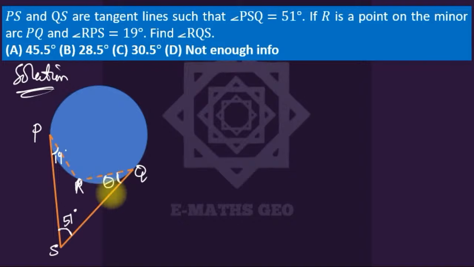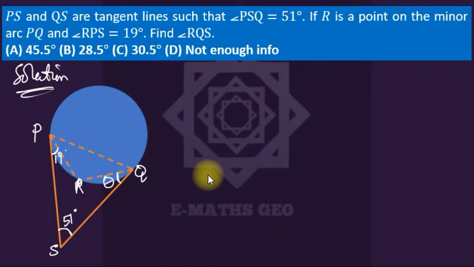So to solve it, since I'm seeing P, R, Q on the circumference of the circle, what I will do, I will complete it so that I will have a triangle. So let's add an extra auxiliary line running from P to Q so that we can use our alternate segment theorem.